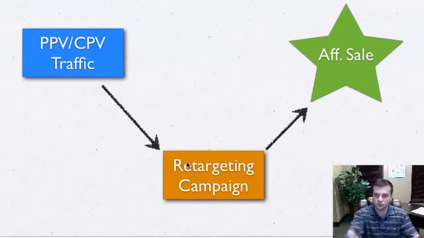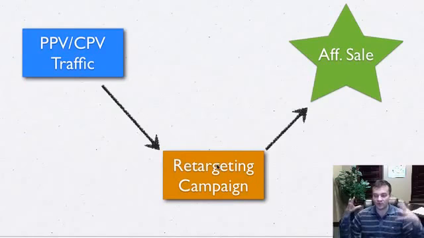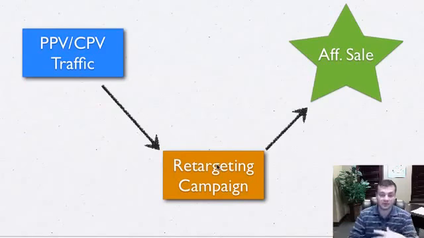Again, I showed you how to create that list a couple of videos ago. So you're going to be building your pool of people that you're going to follow everywhere they go online. And what happens is when you follow those people, they're going to be coming back to your site for very, very cheap.